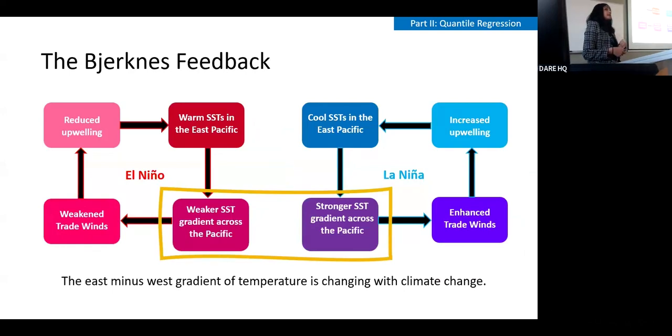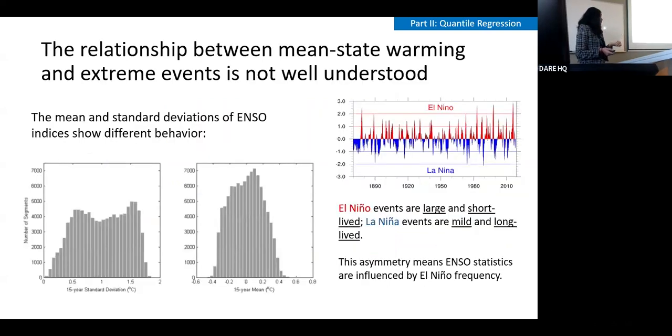In terms of the feedback that I was telling you about earlier, the SST gradient across the basin is getting weaker in the climate models in the future, but it has been getting stronger historically. And this means we could set off behaviors that are quite opposite. However, this doesn't quite tell us about the frequency of these events, and that relationship is not very well understood.